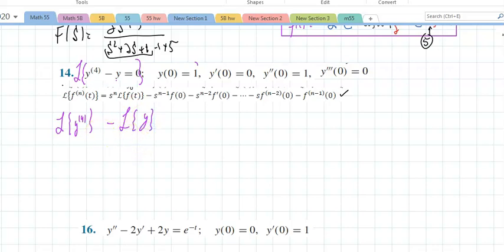But L applied on the fourth derivative, look how that works. That's s to the n. So that is s to the fourth. L of f, that's f of s. Minus 1 power less for s. F of 0. F of 0 is 1. Minus, so you go with n equal 4, 3, 2, and 1, right? And none.